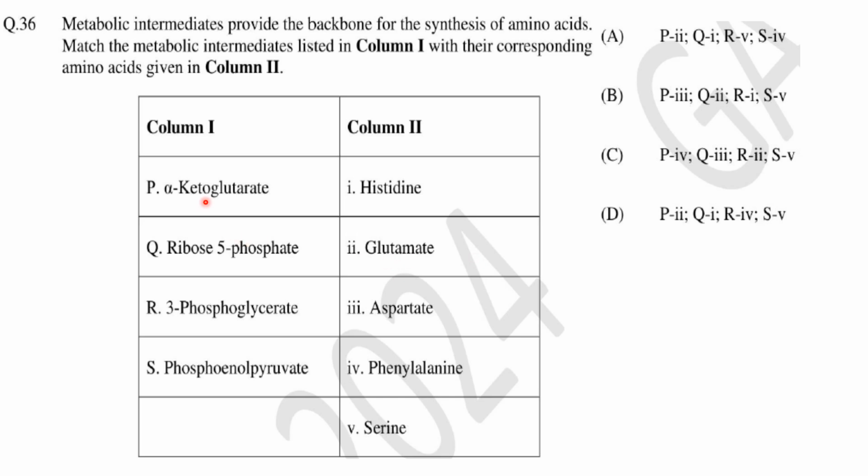Glutamate. It's given in the name itself, you can see glutarate, glutamate. So P2. Ribose 5 phosphate is histidine. 3-phosphoglycerate is serine and phosphoenolpyruvate is phenylalanine. So as per the options, it is answer A: P2, Q1, R5 and S4.